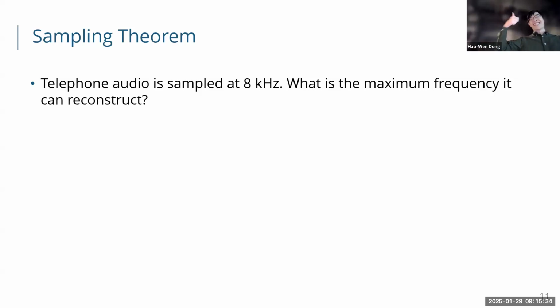There are Nyquist rate, there are Nyquist frequency, and they are different definitions. But yeah, it's Nyquist frequency basically. But if you want to restore a maximum frequency of 4K hertz, then you need a Nyquist rate of 8K hertz.